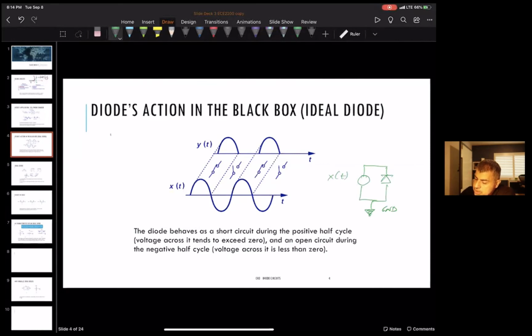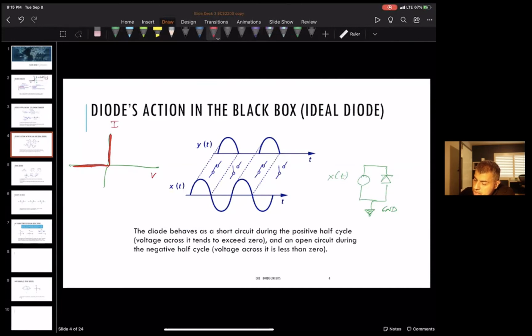By an ideal diode, I mean one that just turns on. If this is V and this is I, it turns on at V equal to 0. When the voltage is negative, it doesn't conduct at all, so it's like an open circuit.